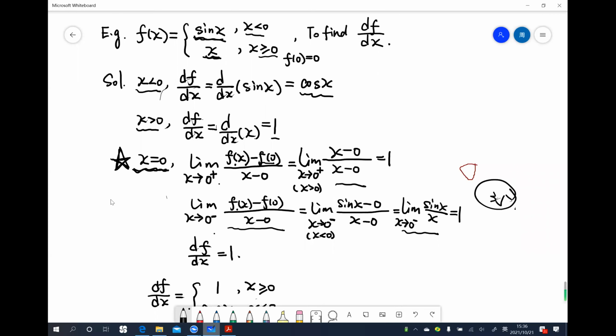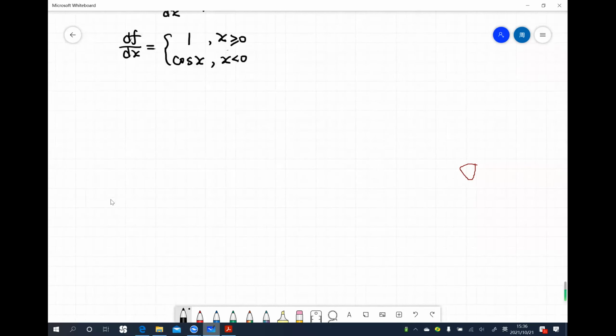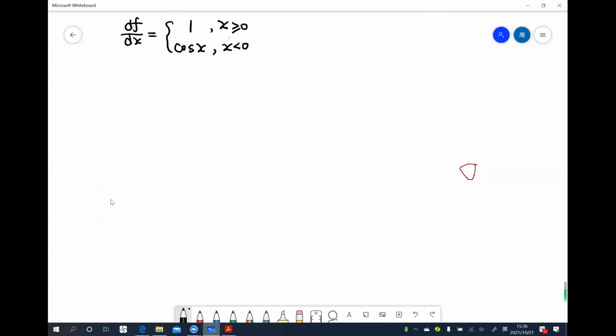So before the break, we have learned the definition of the derivative of a function. So actually, the derivative of a function reflects the rate of change of a function.